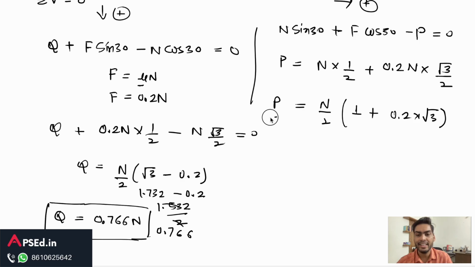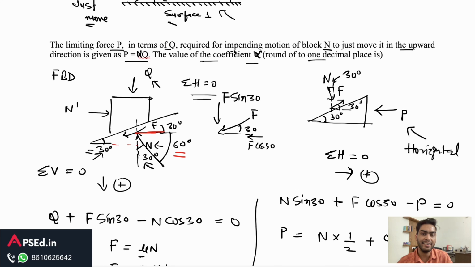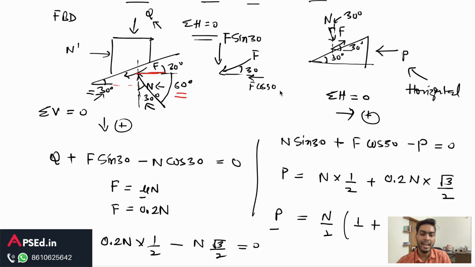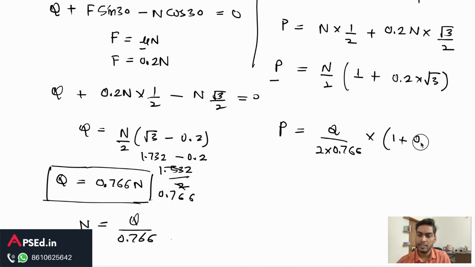Now we have this relation between P and N, but in the question we are interested in the relation between P and Q. So we have the relation between Q and N, and we have the relation between P and N. So from here we can substitute this value of N as Q upon 0.766. So we'll have P is equal to Q upon 2 times 0.766 times 1 plus 0.2 times square root of 3.